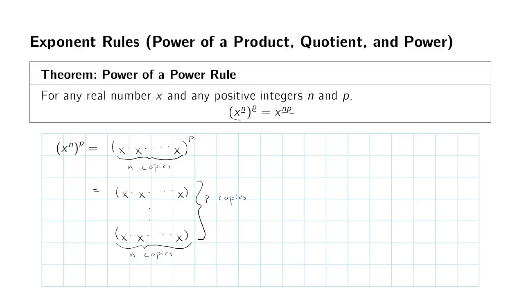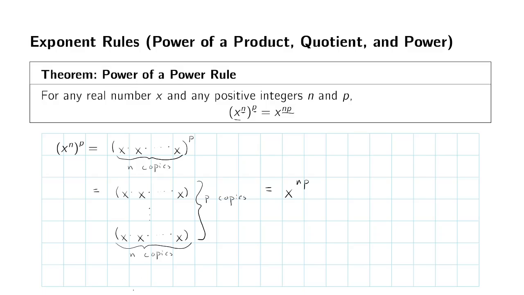That means that we have n times p copies. In other words, we have x to the power n times p. So the reason that we multiply the exponents in this case is because we're actually taking p copies, each of which contains n copies, and that gives us multiplication.